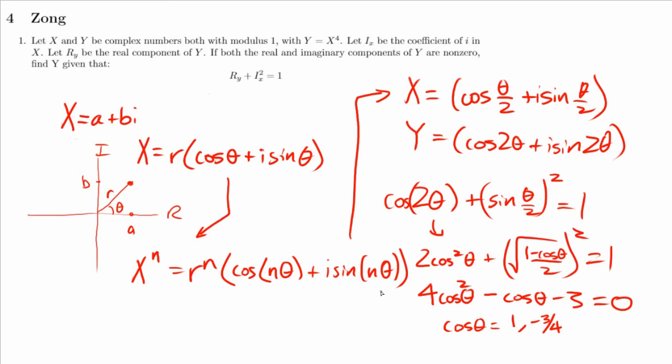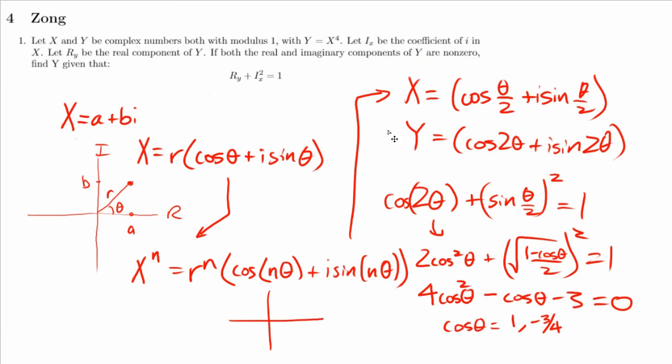What happens if cosine theta is equal to 1? Well, if cosine theta is equal to 1, on the plane it sort of looks like this. So if cosine theta is 1, theta is essentially 0, right? So cosine 2 theta, which is cosine of 2 times 0, is still 1.